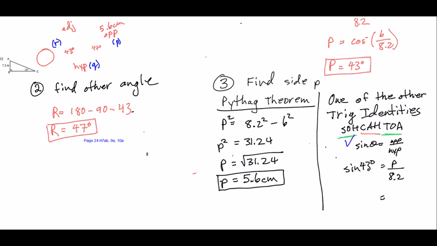So because P is on the top and we're looking at the hypotenuse on the bottom, we just multiply across. Anytime the variable we're looking for is on the top, we just multiply the two. So now we have 8.2 sine 43 is P. Finding P, we end up with, guess what, 5.6 centimeters.